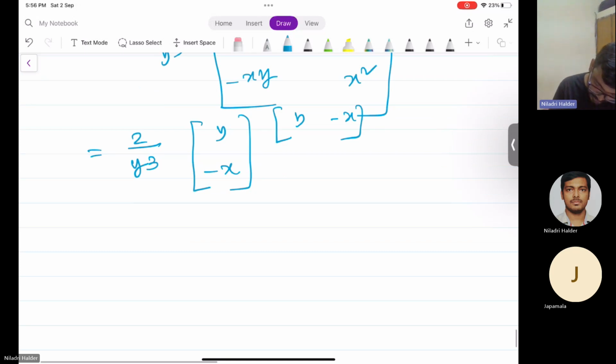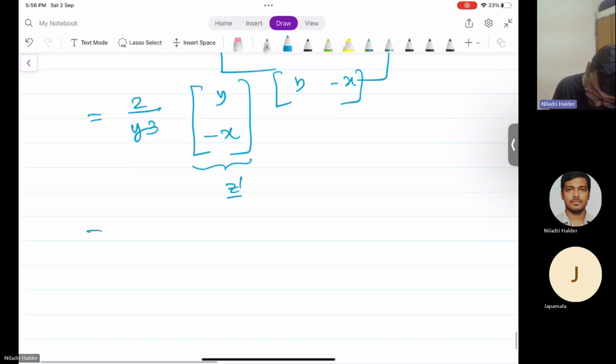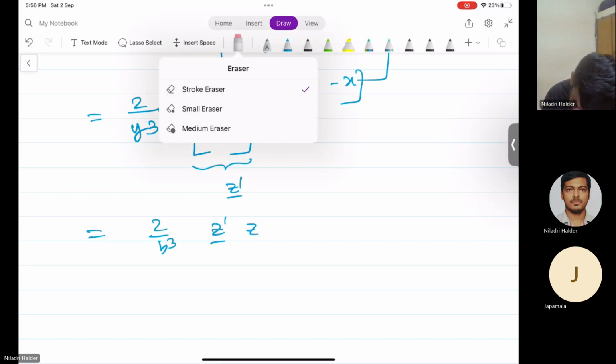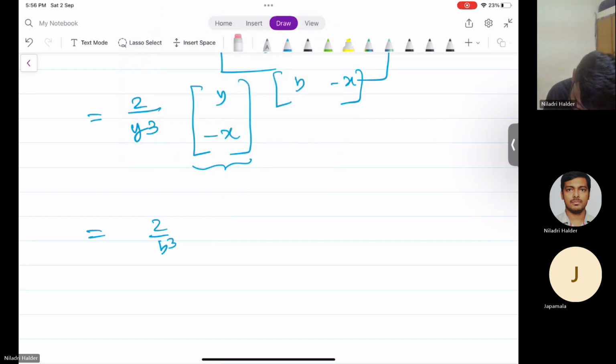So this is a vector. Suppose this is some z prime, so this is 2 by y cube z1 transpose.